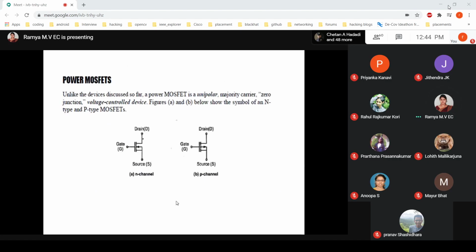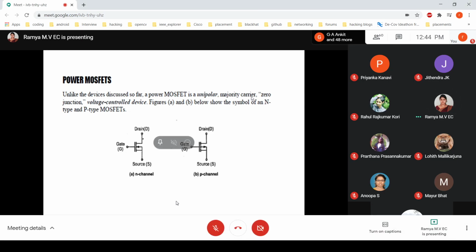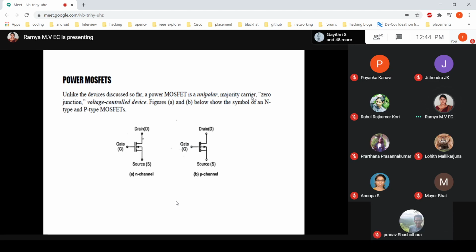Next, I am coming to the power MOSFETs. MOSFETs and IGBTs we have for discussion. First I will go with the power MOSFETs. It is a voltage controlled device, where the gate voltage acts as the controller.